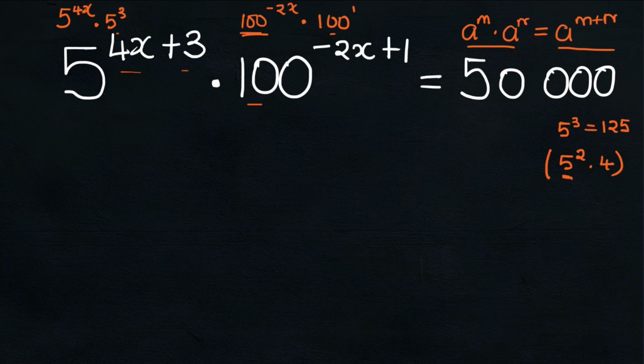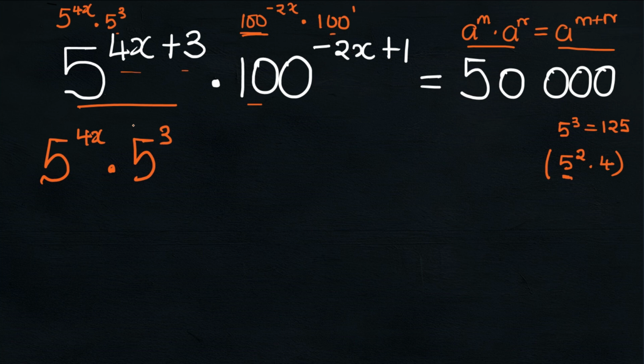So our next step is going to be 5 to the power of 4x multiplied by 5 to the power of 3. So 5 to the power of 4x multiplied by 5 to the power of 3 is representing this. So we just revert this to its initial state before we add the exponents.